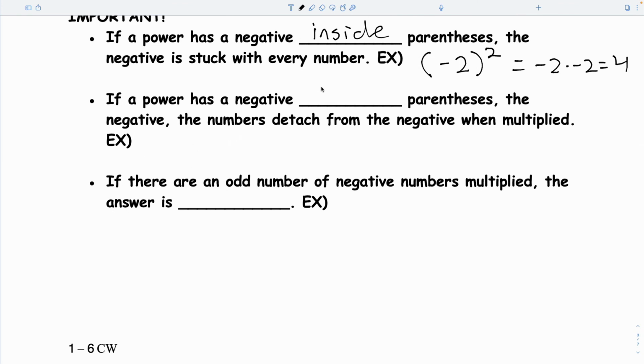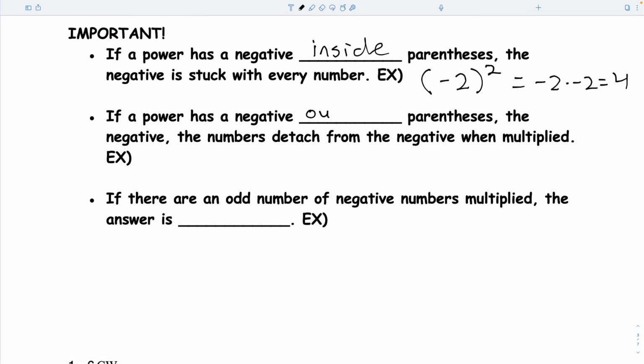If a power has a negative outside parentheses, wait, let me see. Hold up. Mr. McAtee has notes. Yeah, outside. Or there just aren't any parentheses, the number is detached from the negative when multiplied.